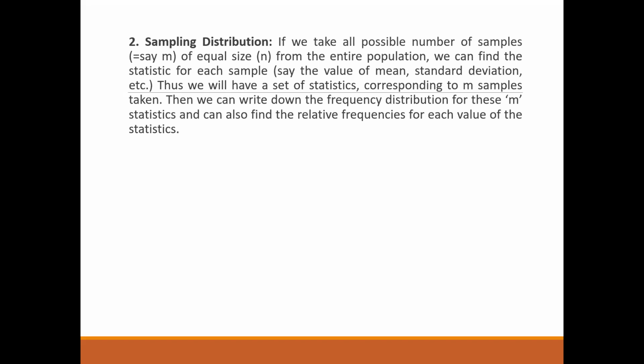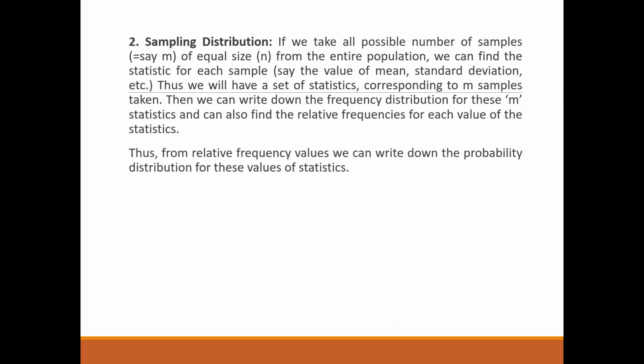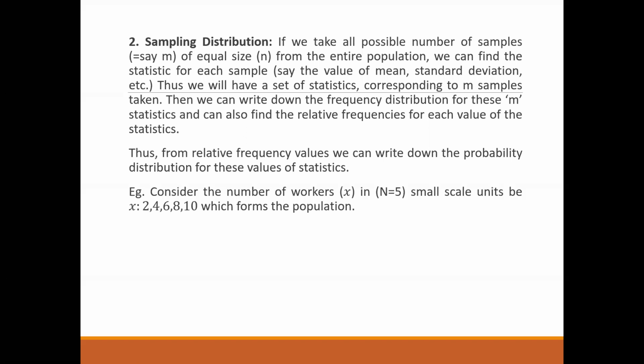If I write this in formula form, we can write it like this. Let us take an example where we consider the number of workers X, with capital N equal to 5, in a small scale unit. We have been given X as 2, 4, 6, 8 and 10, which forms the population.